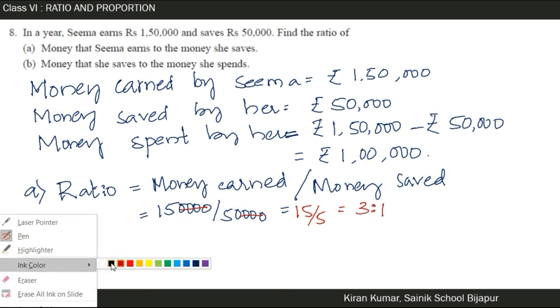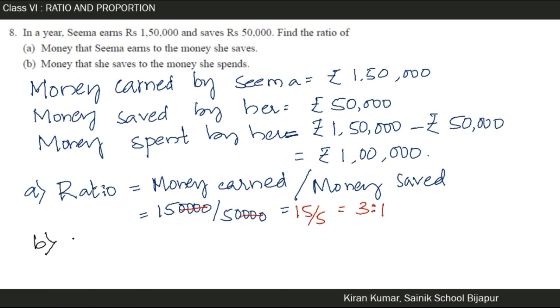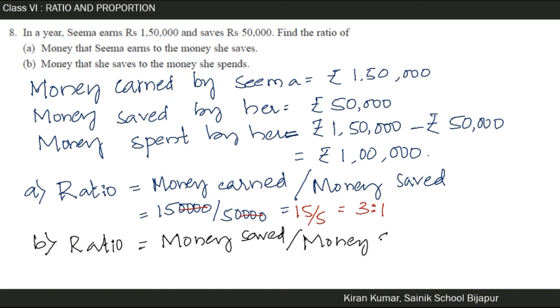In the second, the ratio will be money she saved to money spent. This will be equal to 50,000 upon 1 lakh.